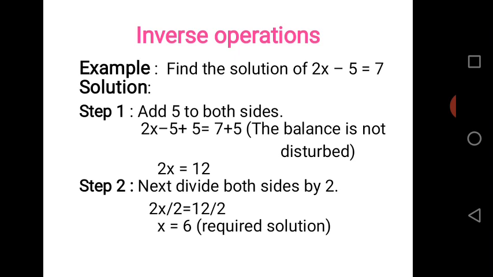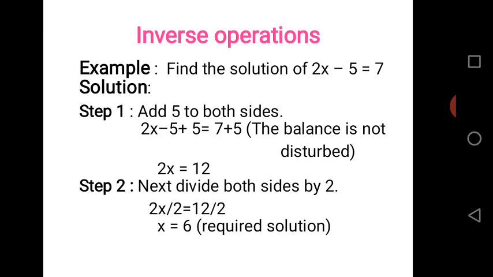And next step, what we can do? We can divide both sides by 2 because the variable x is having a coefficient 2 in LHS. When you divide both sides by 2, you will get 2x by 2 is equal to 12 by 2.